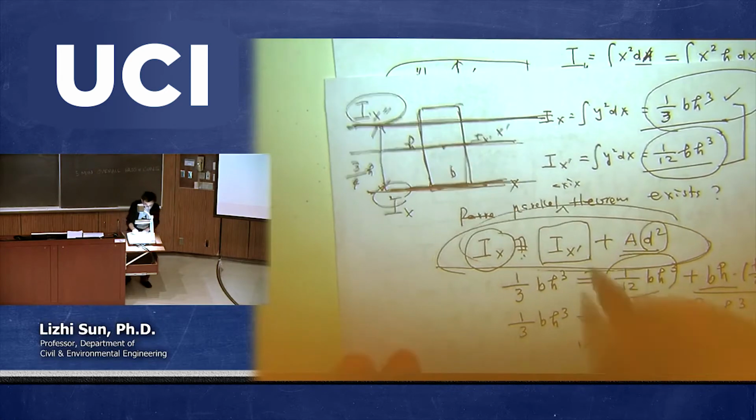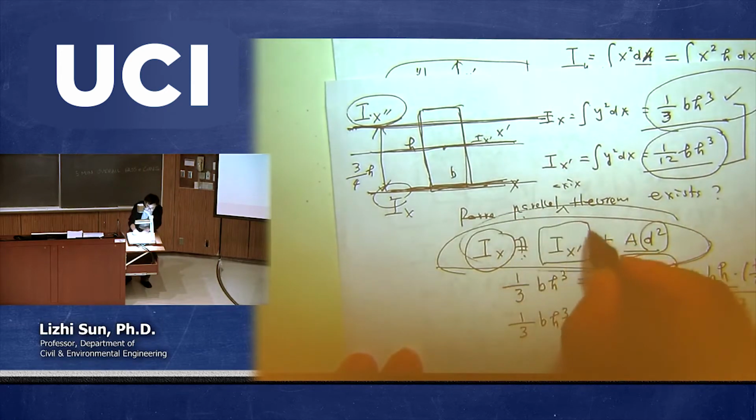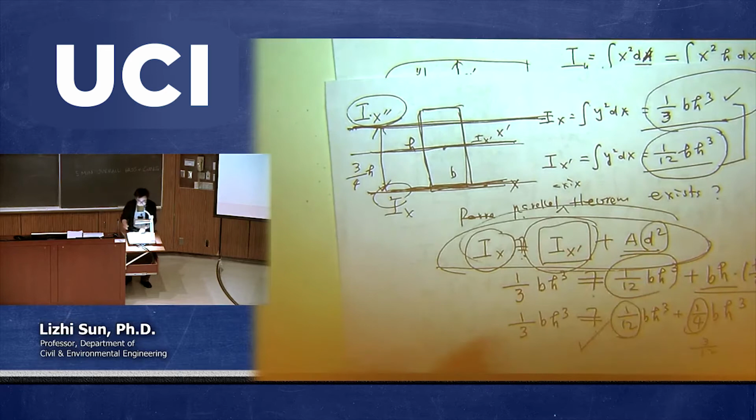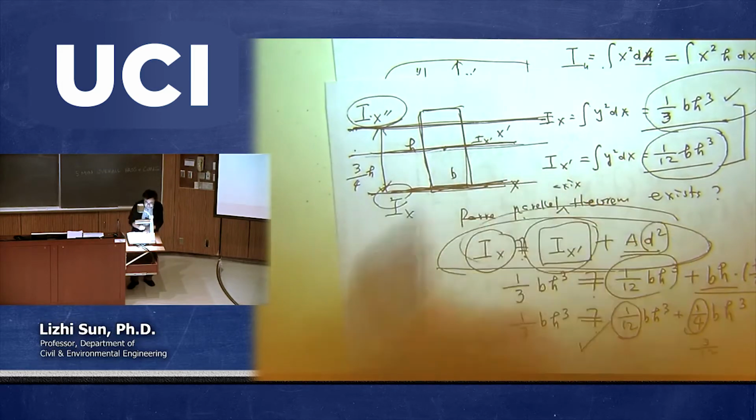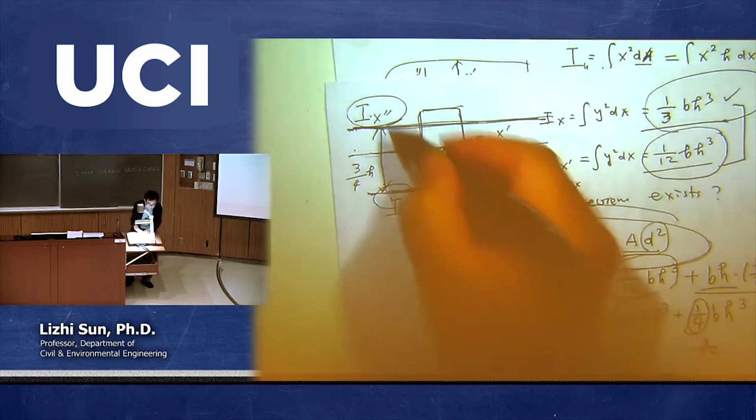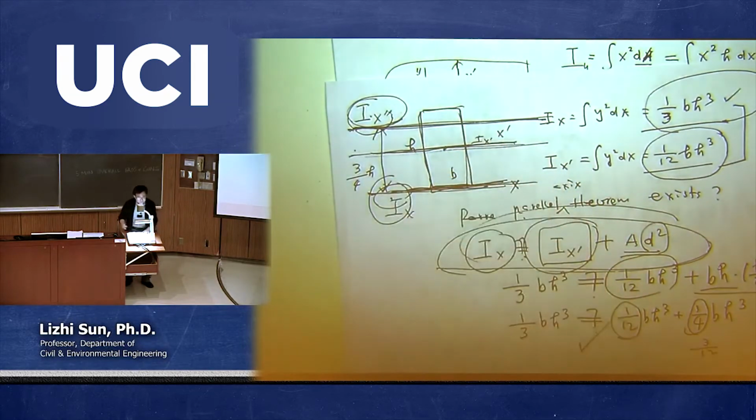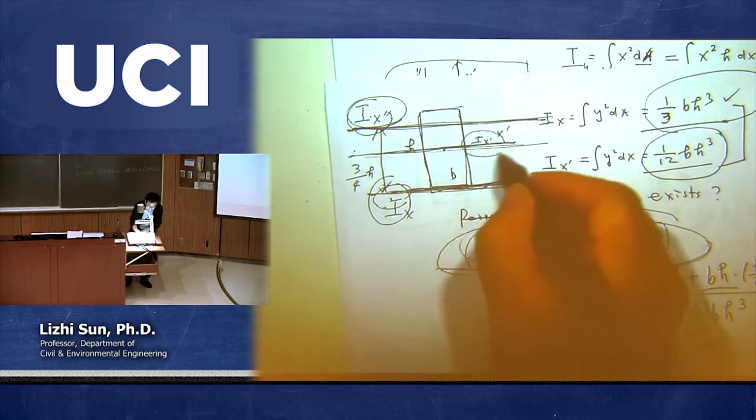The reason it's not is the parallel axis theorem requires that the first term on the right-hand side must be the moment of inertia with respect to the axis passing through the centroid. If you want to build a relation between these two, it's not that straightforward because none of them pass through the centroid. So that's why, in fact, you better memorize this.